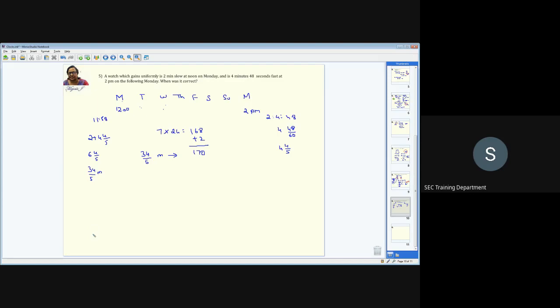That is, it's going from 2 minutes lagging to leading. The overall change is this much for 170 hours. So for 1 minute, it's going to be 170 into 5 by 34.